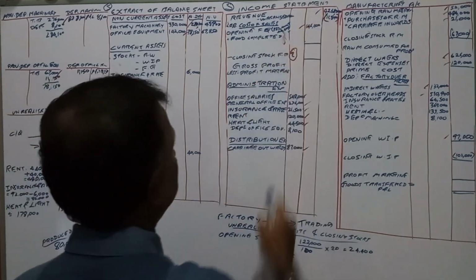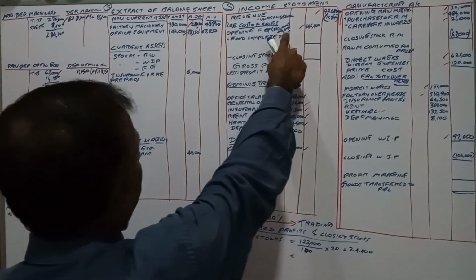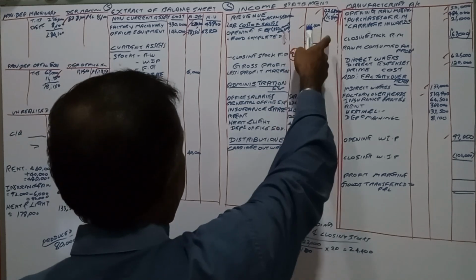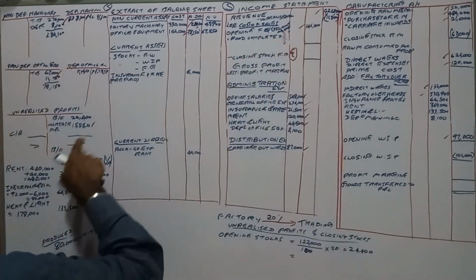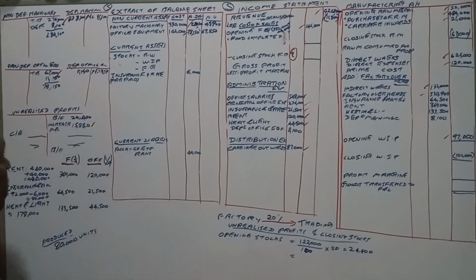So 146,400: 122,000 cost and margin is 24,400. Here we have to mention the opening unrealized profit as 24,400. They haven't given the closing value.